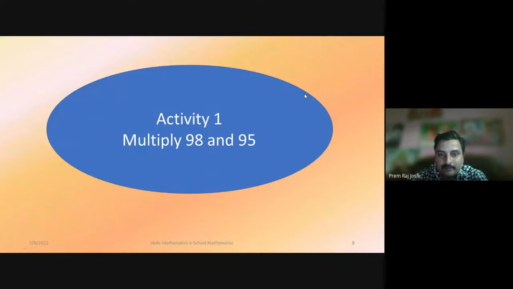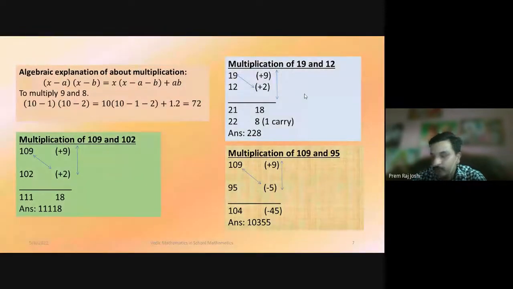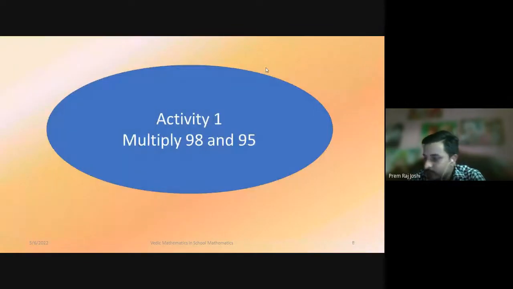The process is over here. So this is also very simple. What we will do in this case also, they are close to the base 100.